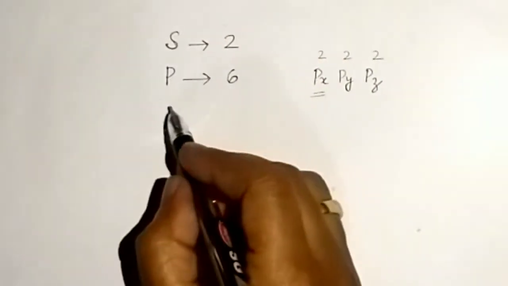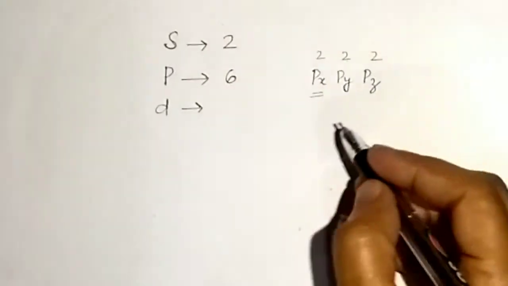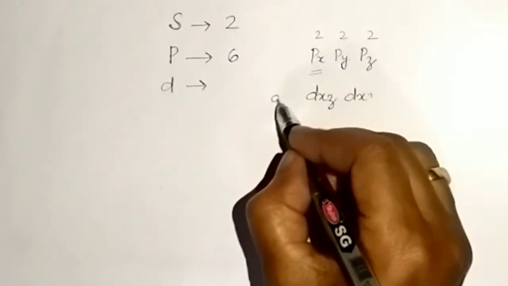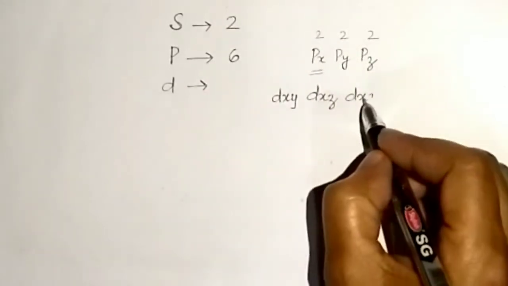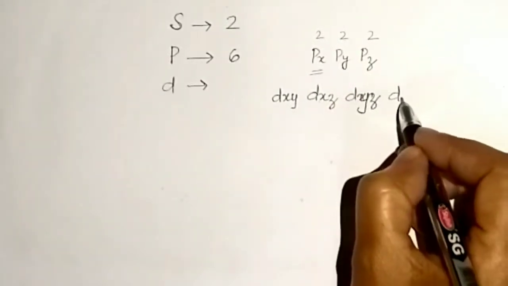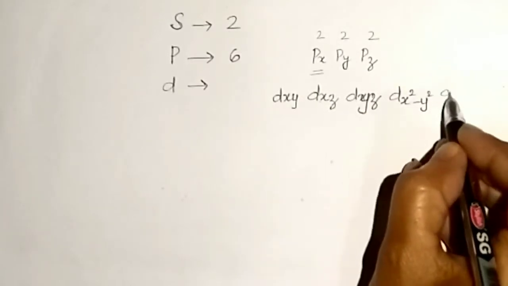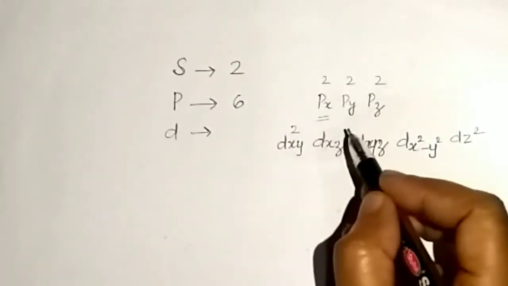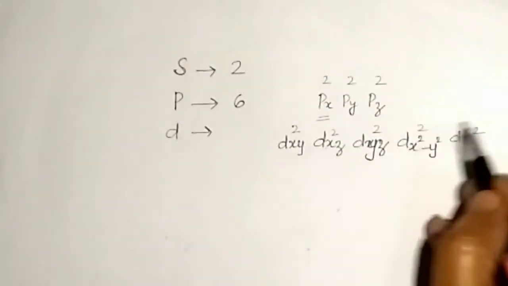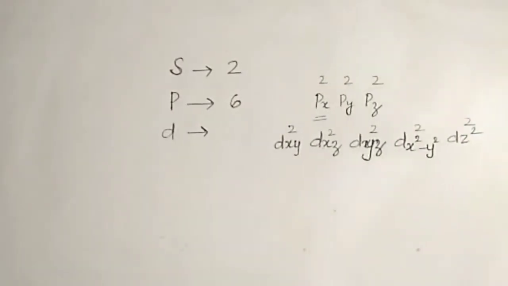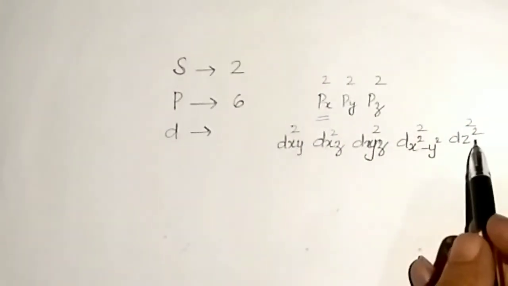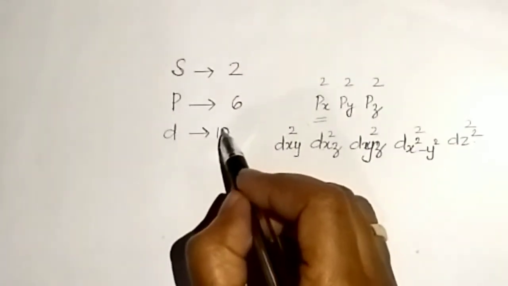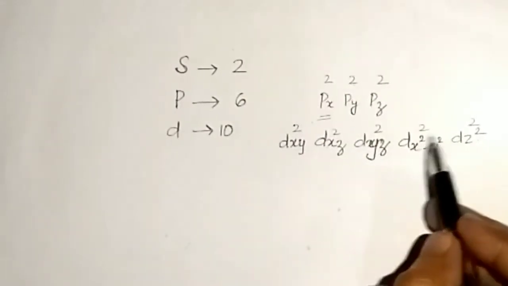Then the d subshell has 5 possible orientations: dxy, dxz, dyz, dx square minus y square, and dz square. In each of the 5 d orbitals, 2 electrons are accommodated, so the maximum is 10 electrons, that is 2 plus 2 plus 2 plus 2 plus 2.